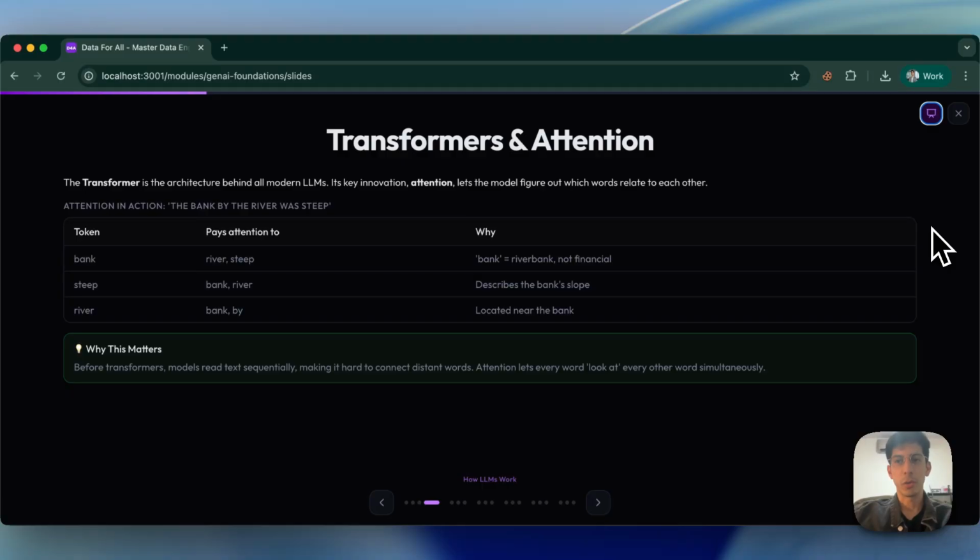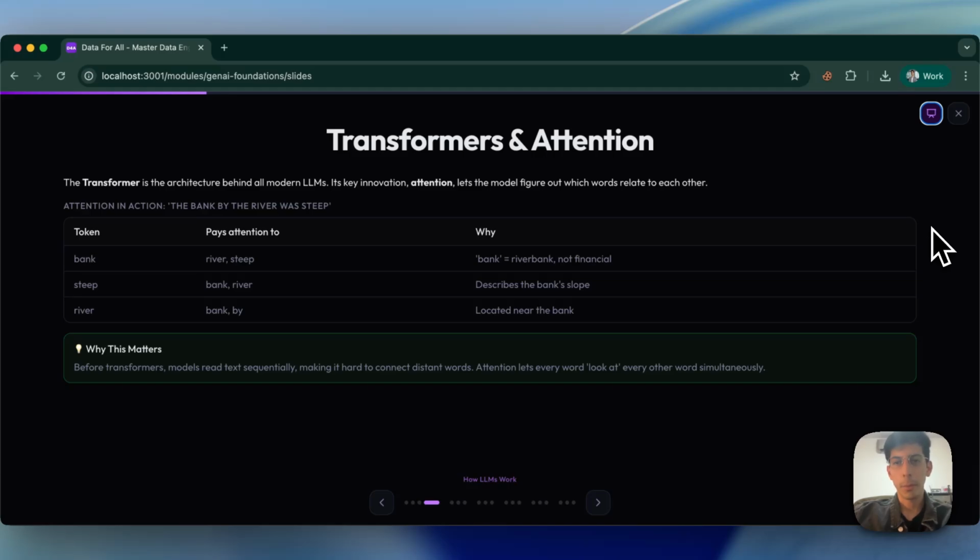Here's the intuition. When you read the sentence, "the bank by the river was steep," your brain instantly knows bank means a riverbank, not a financial bank, because you pay attention to the word river. That is exactly what the attention mechanism does. It lets each token look at every other token in the input and figure out which ones are more relevant to it.